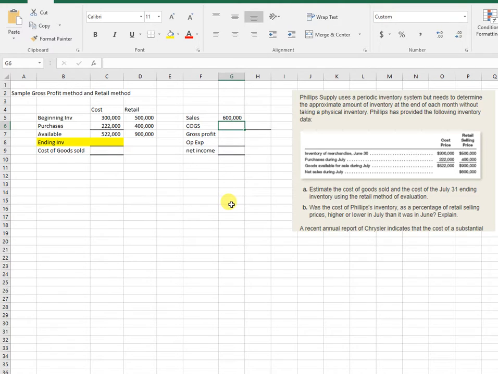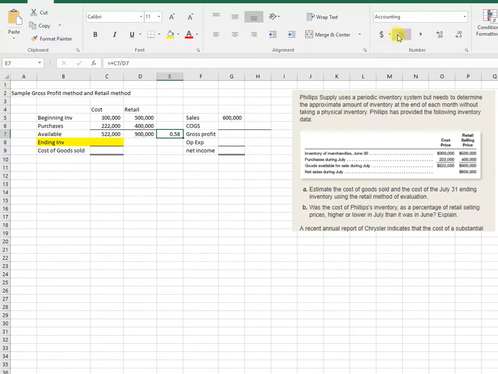Okay, so now I want to back into this. So what I do is I say, all right, well, I have the retail value of it is 900,000. The cost is 522. So I want the cost to retail percentage. So that divided by that, and I get 0.58, so 58%.